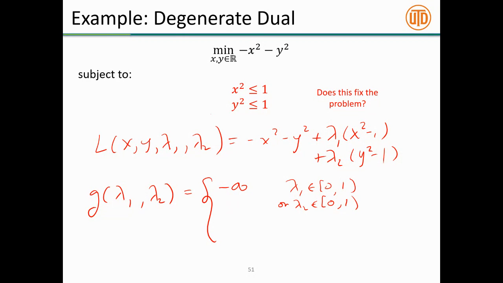And if we're not in that range, we just saw that if lambda 1 equals 1, then the answer is minus 2. What about other lambdas that are greater than or equal to 1?